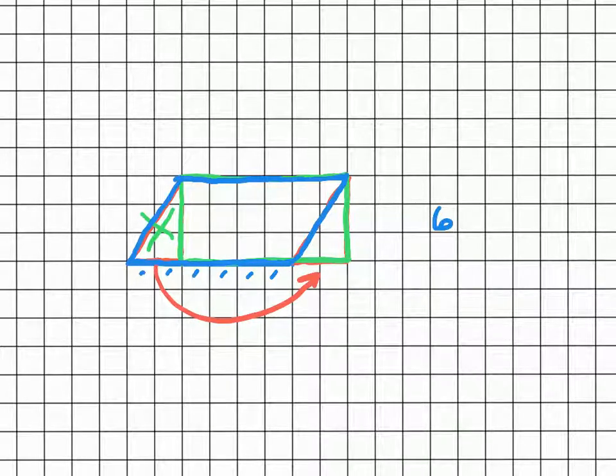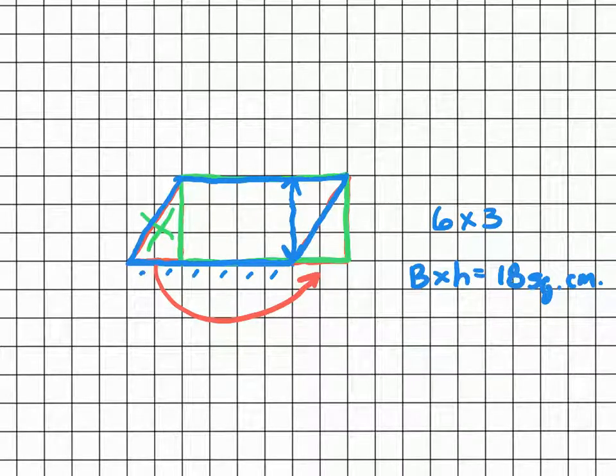The height of that particular parallelogram is 3. 1, 2, 3, if I were to go straight up. So, if I just multiply the base times the height, I am going to get the area of a parallelogram. So this would be 18 square centimeters again.